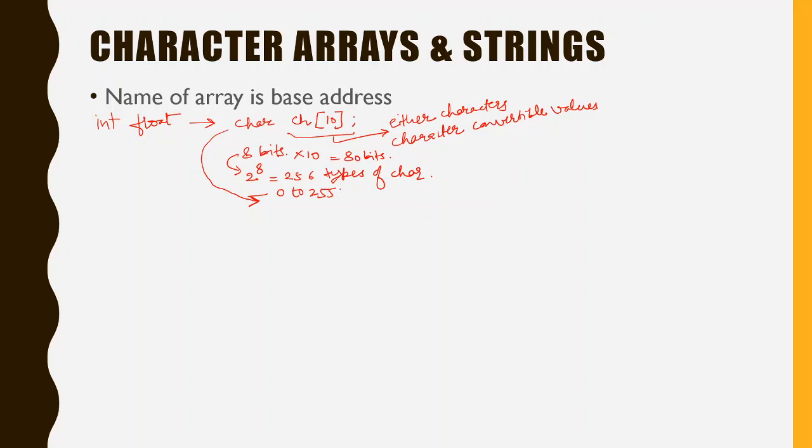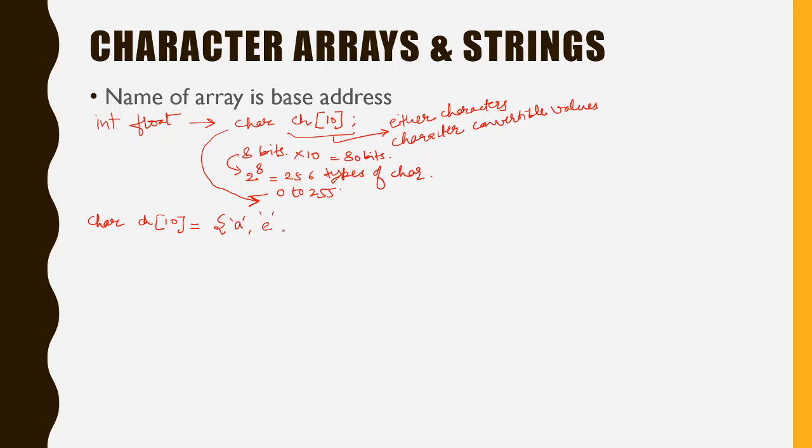If I want to assign some values in the form of initialization to this array, we will simply use the method that we used for integer arrays. You can directly write in curly braces, but here the difference is using single quotes with each element, because each character individually is represented in single quotes.